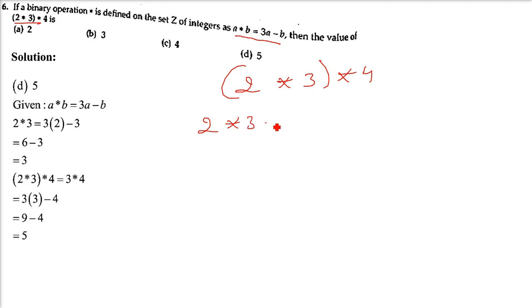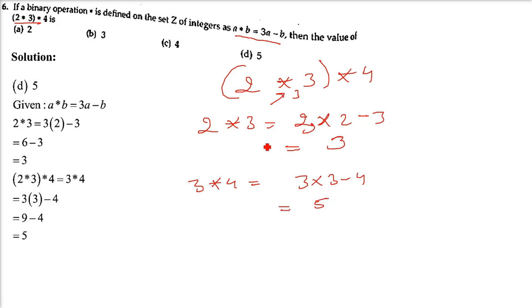So 2 star 3 is 3 into 2 minus 3, so 6 minus 3 is 3. Now 3 star 4: again, in place of A put 3, in place of B put 4. So 3 into 3 minus 4, 9 minus 4 is 5.